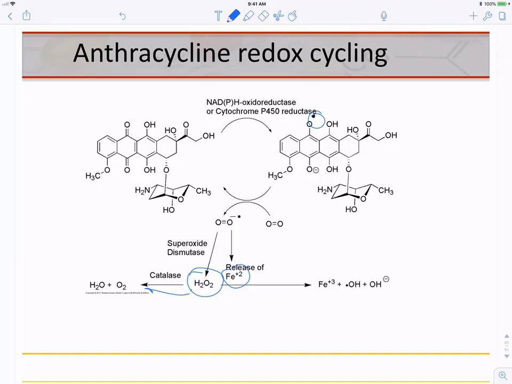But so we generate a bunch of potentially toxic intermediates. And the important thing, why is the heart muscle particularly susceptible to that, is because myocardial cells tend to possess lower levels of catalases, and so they have less ways of getting rid of these highly reactive intermediates.